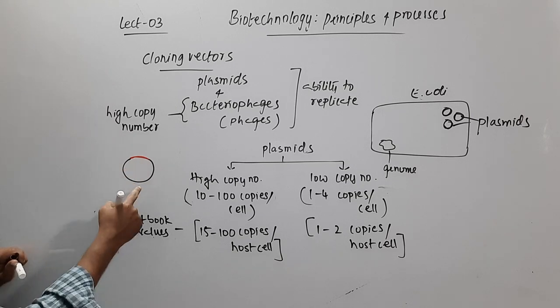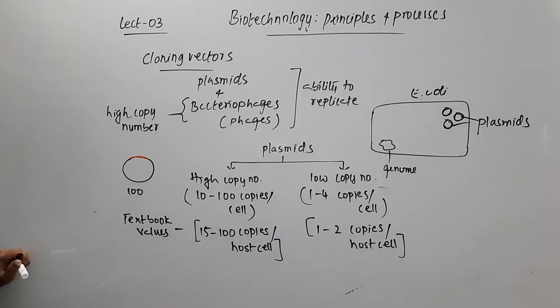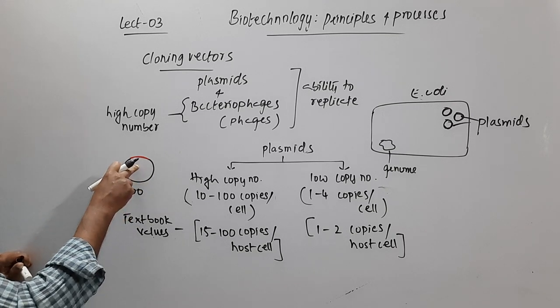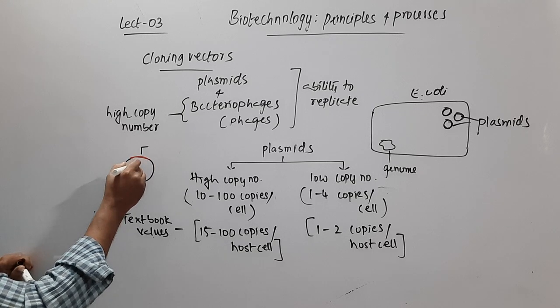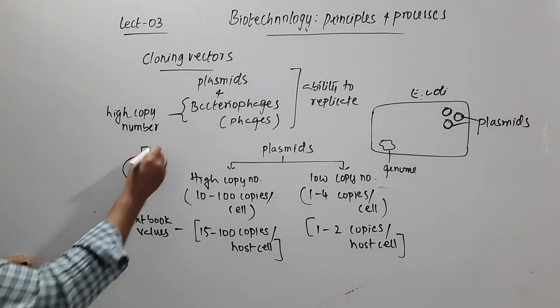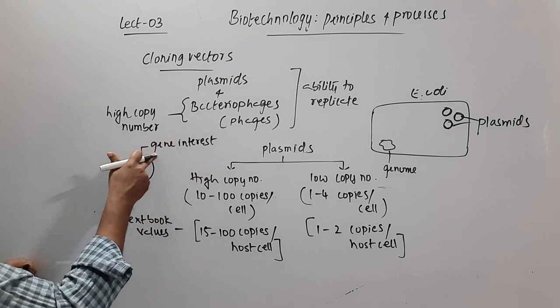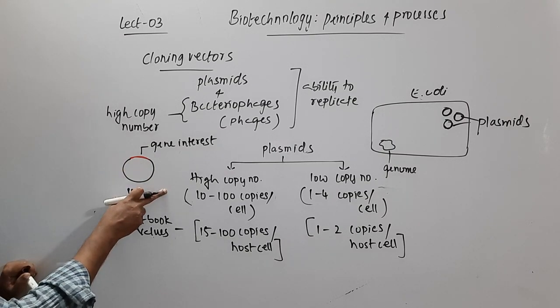Suppose this plasmid is able to multiply 100 times, then along with that, the linked DNA, the gene of interest, will also get copied along with the plasmid.